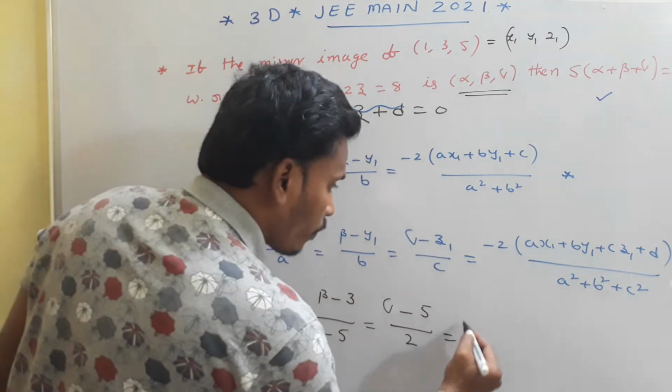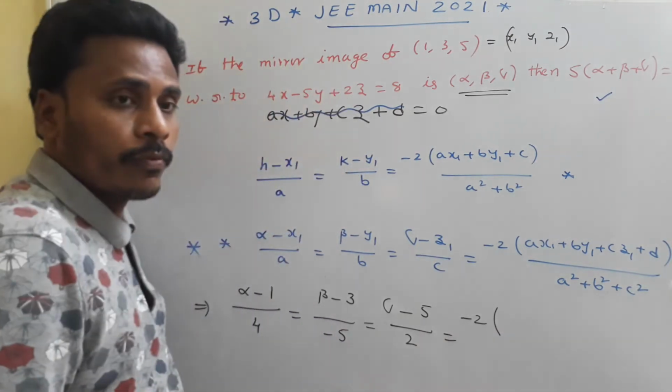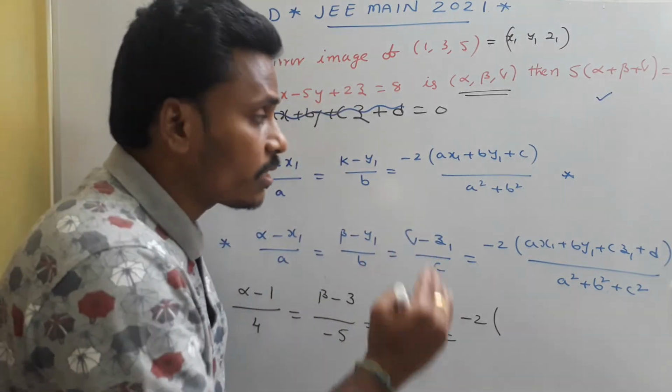This equals minus 2 times of (a x1 plus b y1 plus c z1 plus d).